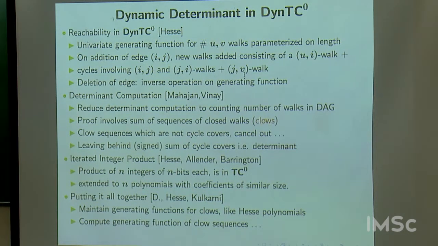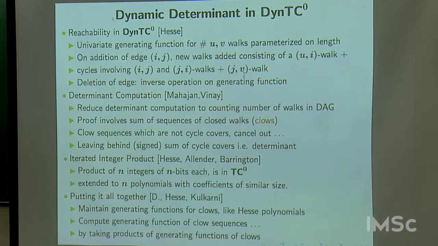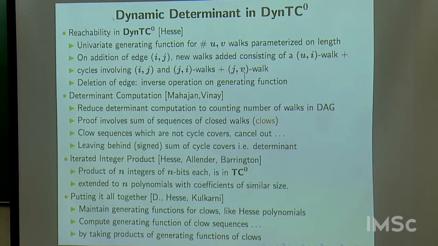Now we want to compute generating functions for closed sequences of closes, and that can be done by taking products of generating functions of closes. So in a sense, it's very simple. It's just putting together these three components, and that gives us the result that dynamic determinant is in TC0. Okay.